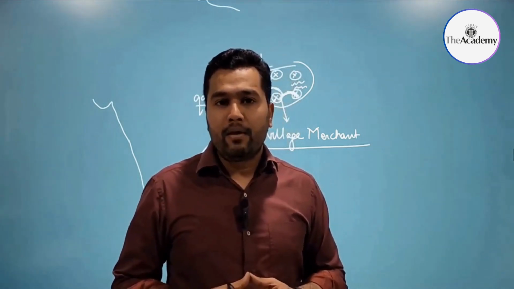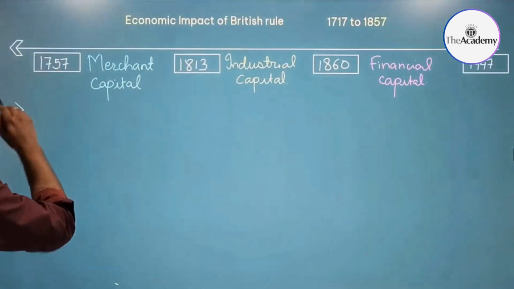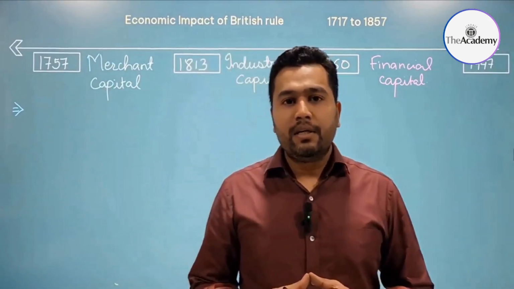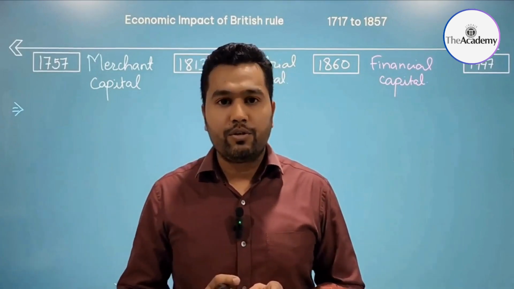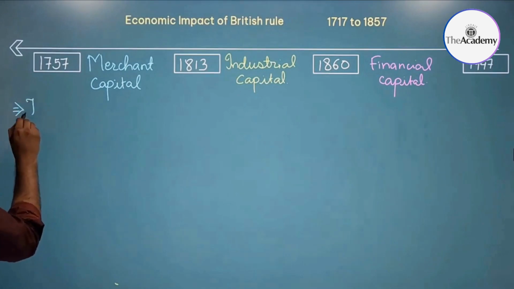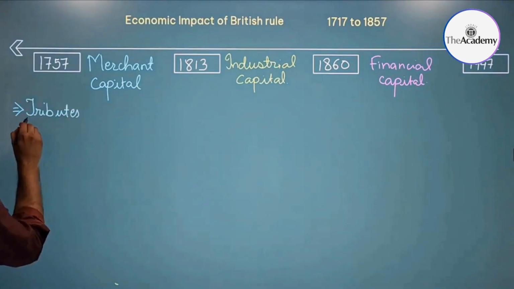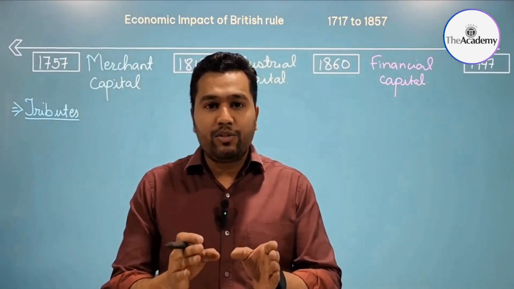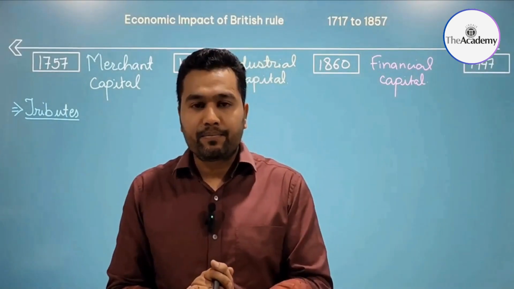However, when the British acquired political power in 1757, they started insisting upon tributes. Immediately after acquiring power in 1757, the British started demanding tributes, and the company's officials started misusing the dastaks.